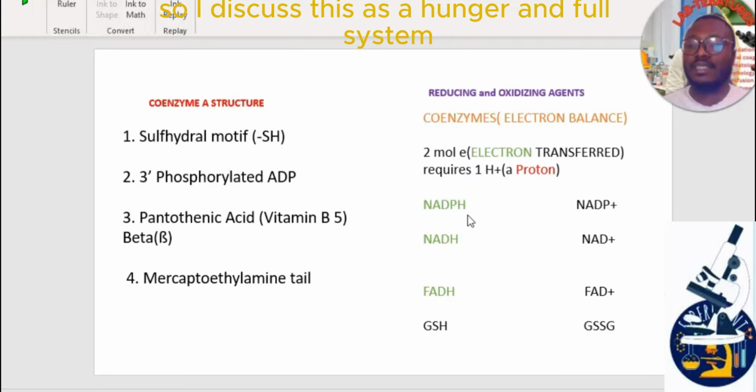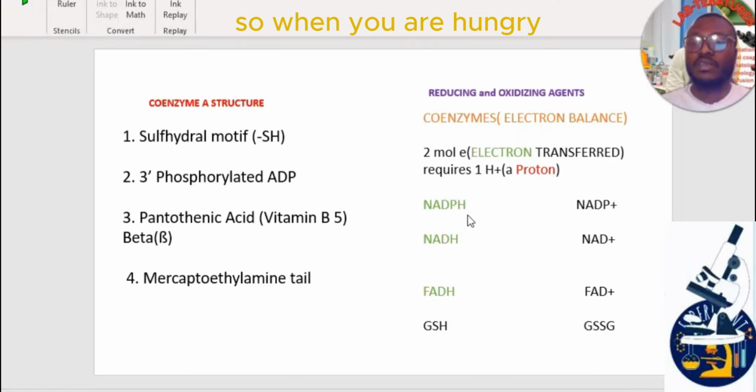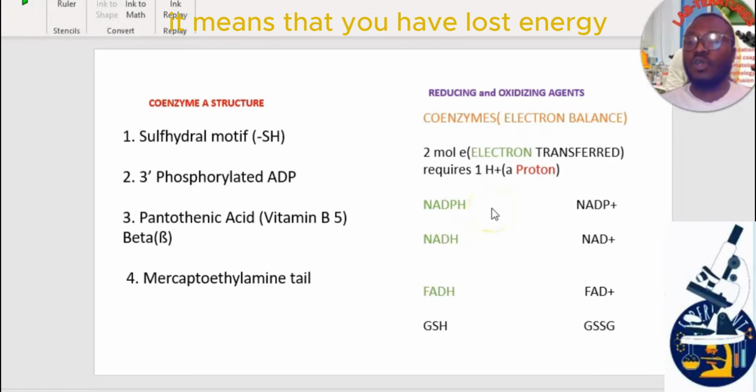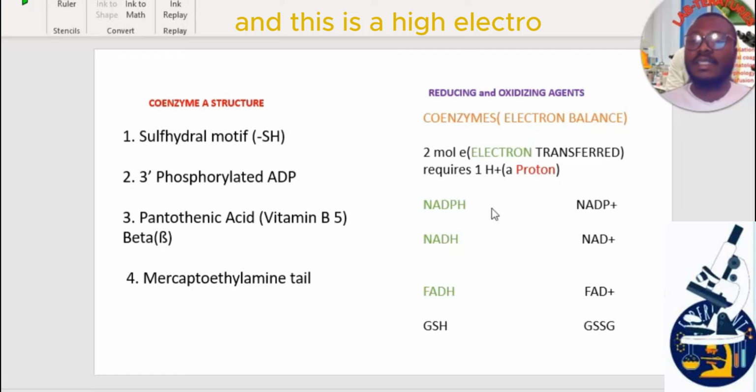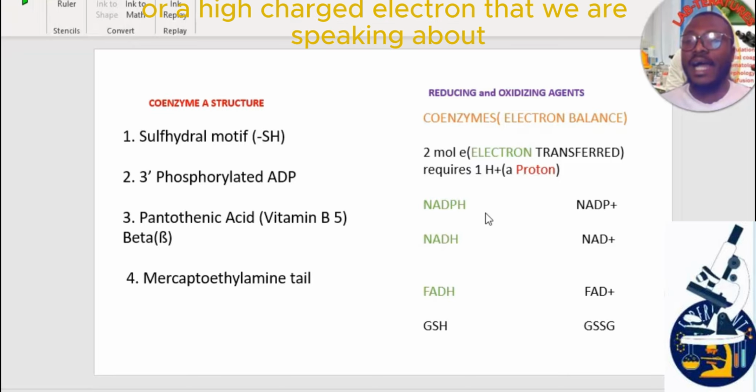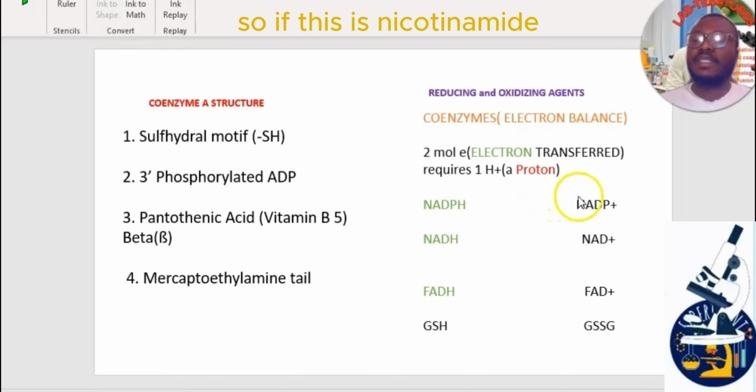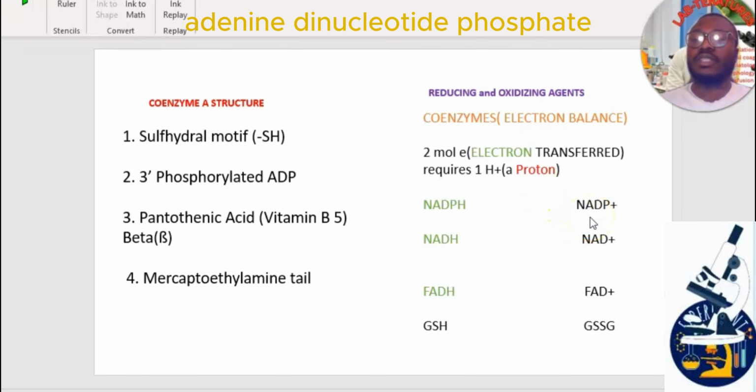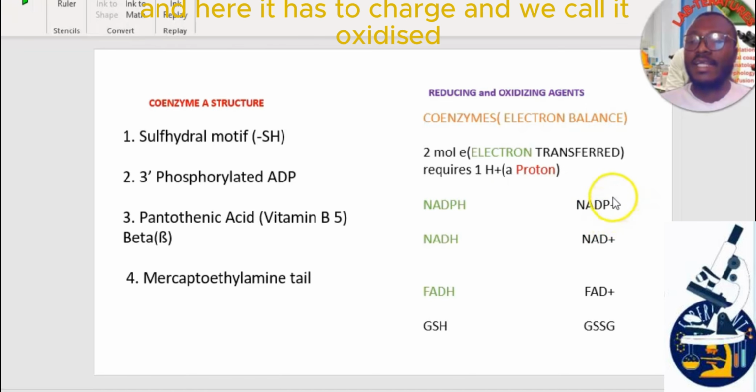I discuss this as a hunger and full system. When you are hungry, it means that you have lost energy, and this is a high electronegative, highly charged electron that we are speaking about. If this is nicotinamide adenine dinucleotide phosphate, and here it has the charge, we call it oxidized.